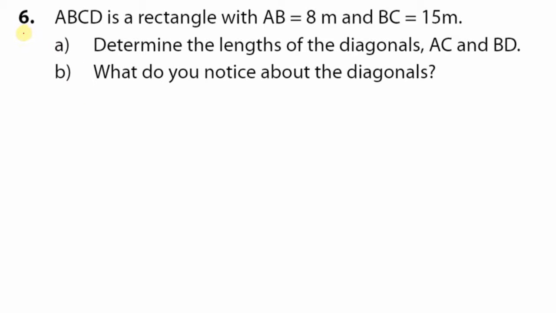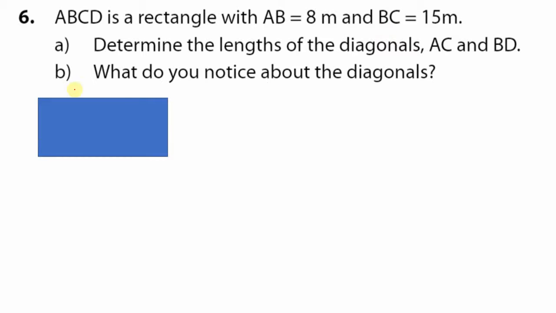Number 6 of activity 15.3, we are still dealing with the topic of Pythagoras. ABCD is a rectangle with AB is 8 meter and BC equals 15 meters.